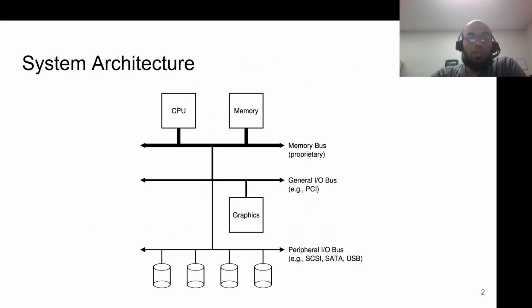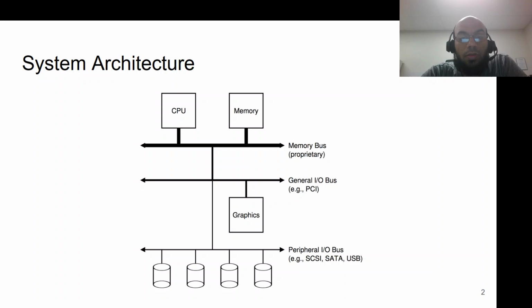So let's rewind a little bit and talk about how the whole computer system architecture looks like in the von Neumann architecture. You basically have the CPU, you have the memory, you have the memory bus that is connecting both the CPU and the memory. And then you have a general I/O bus where you have things such as your graphics card connected, your mouse, your keyboard, and these things might also be connected there.